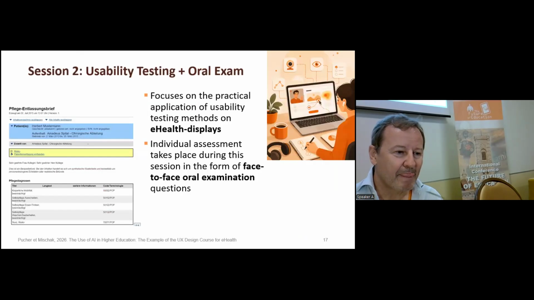So the session 2, here we have a usability testing, and we have eHealth experience. So with the experience of the first session and the preparation by Google Notebook LLM, they can now deal with digital health displays.